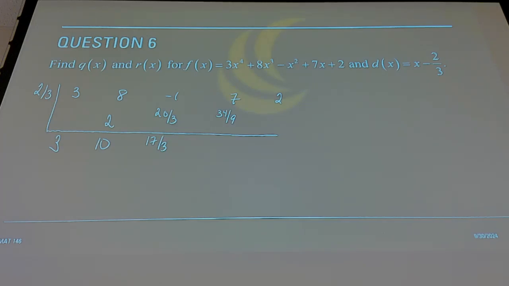I like this one better. Add 7. Times 2/3. 194 over what?